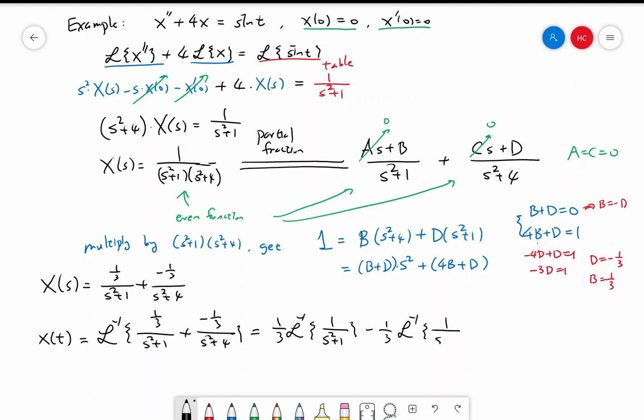And if you refer to the table, this is equal to sine of t, and this is equal to sine of 2t, but over 2 because we need a 2 here on top. So the solution is equal to 1/3 sine t minus 1/6 sine 2t.